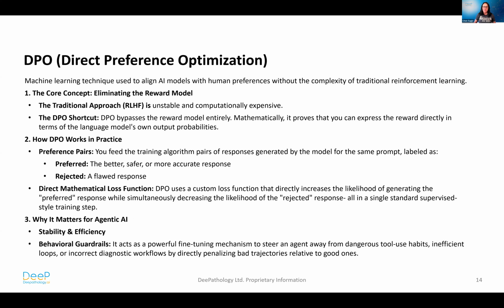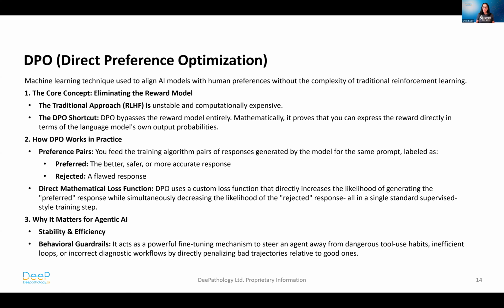The usual reward model can be very strong, but it is super expensive from a computational point of view, and it's unstable.